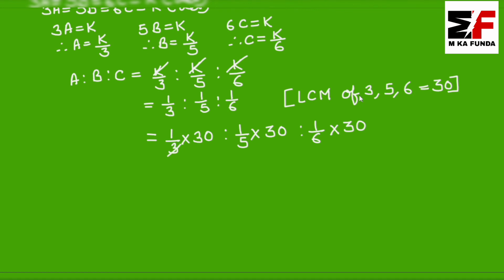Now let's reduce it. 3 ones are 3, 3 tens are 30, 5 ones are 5, 5 6s are 30, 6 ones are 6 and 6 5s are 30. So we will put equal sign. We get 10 here, we get 6 here, and 5 here, that is 10 is to 6 is to 5. So this is the way you need to solve.